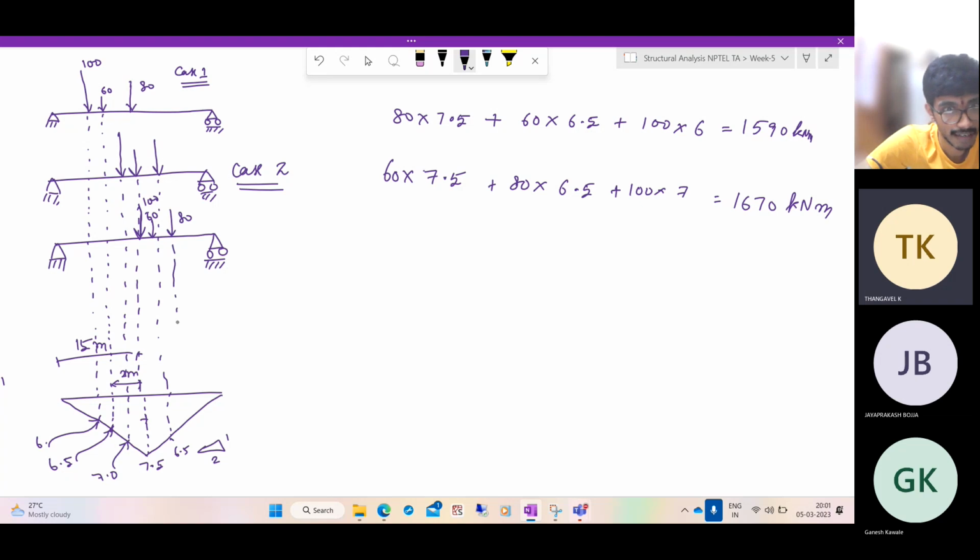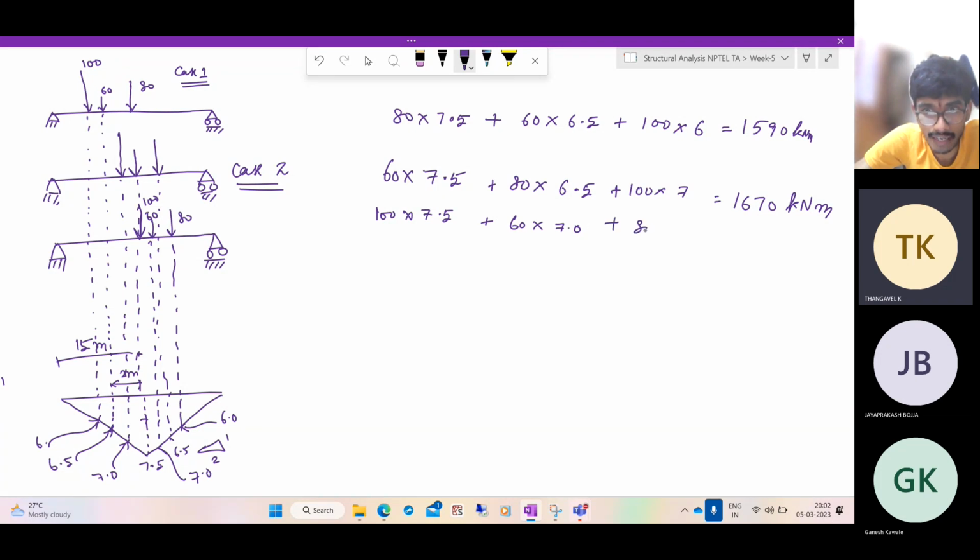So 80 is 1 meter from this, so this will be at 6. And this one is acting halfway between 7.5 and 6.5, so it will act at 7. And 100 is acting at the middle. So we get 100 into 7.5 plus 60 into 7 plus 80 into 6.